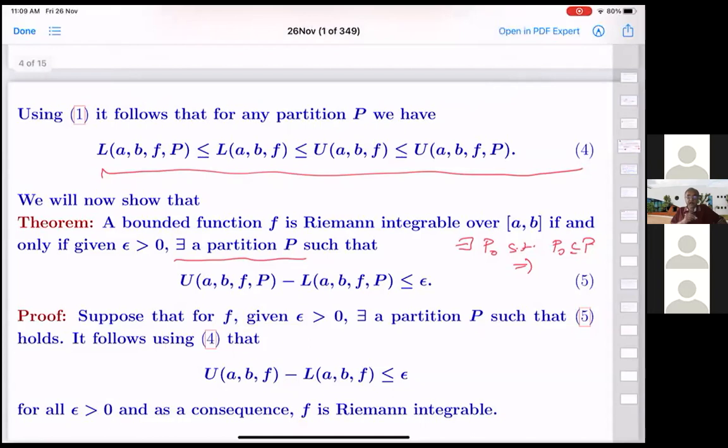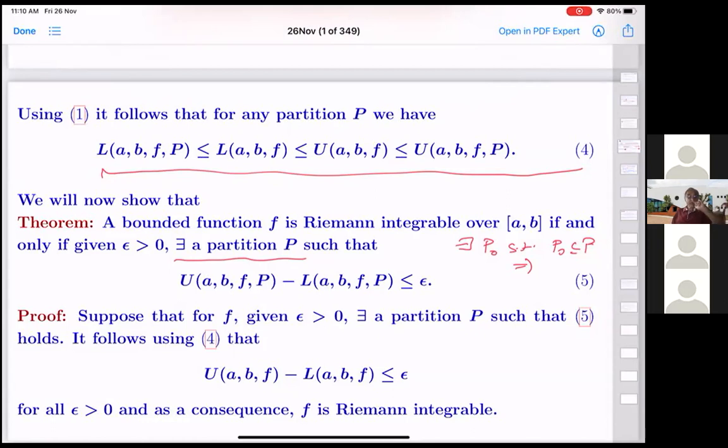So essentially the only additional thing we have done from what we had done last class is to now prove this theorem that a function is Riemann integrable if and only if you can get a hold of a partition so that the upper and lower bounds computed for that partition differ by at most epsilon.